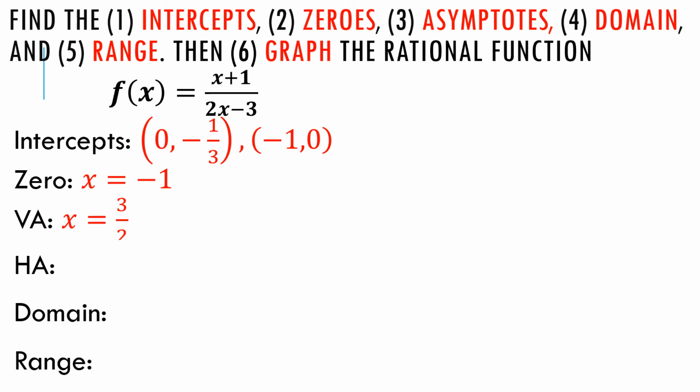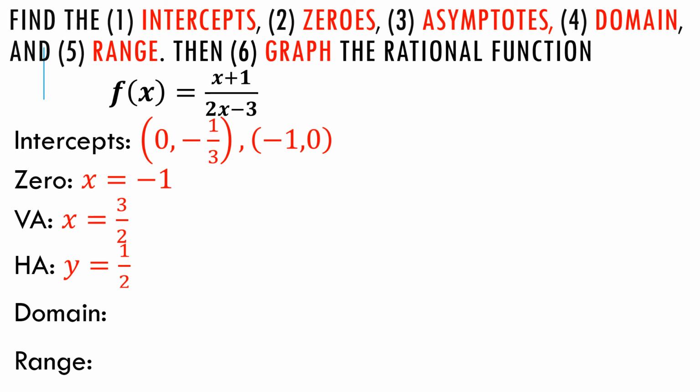How about the horizontal asymptote? Horizontal asymptote kasi equal lang yung kanyang degree sa numerator and denominator. So, para makuha ang horizontal asymptote, let's divide the coefficient of the leading term. So, 1 divided by 2, so y equals 1/2.